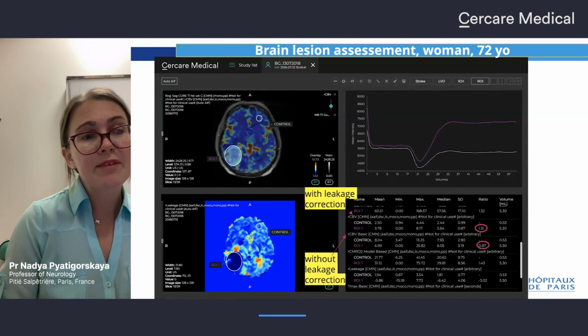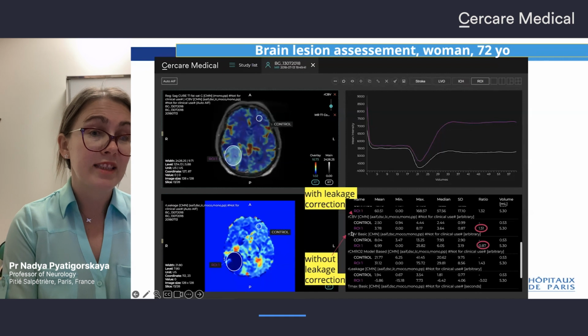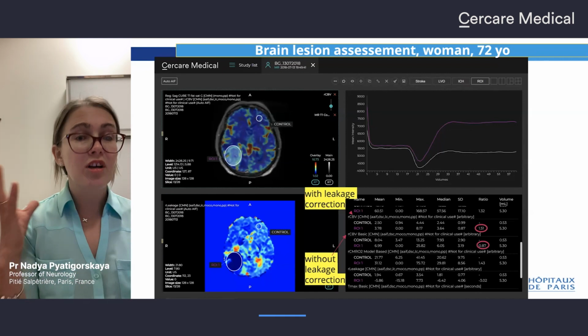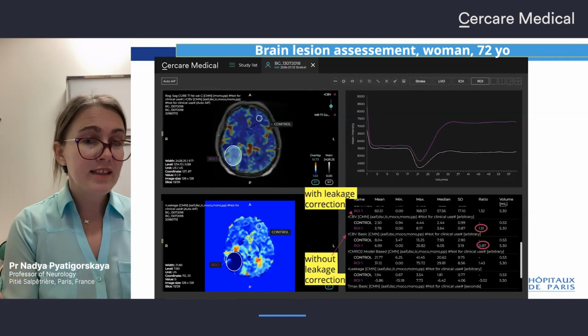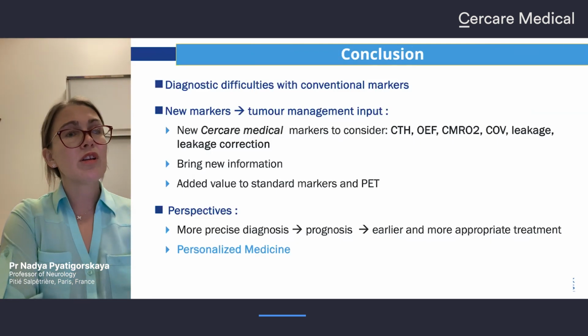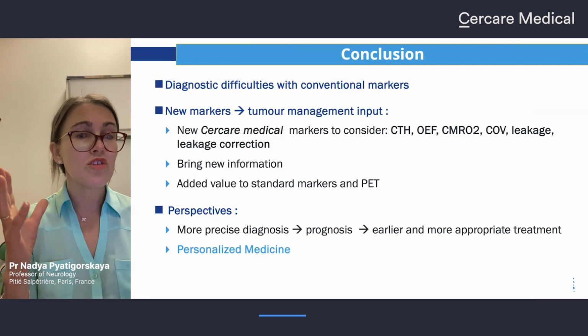But actually, if we look at the leakage correction, then there is no increase of RCBV. And in this lesion, with strong contrast enhancement and no increase in RCBV, we can make the correct diagnosis, which was, of course, lymphoma.